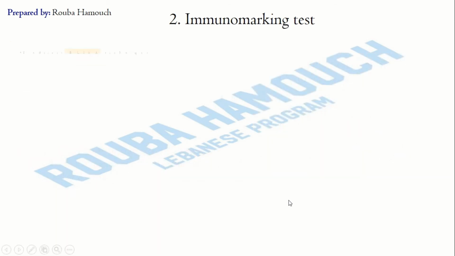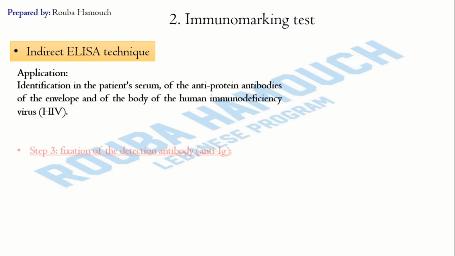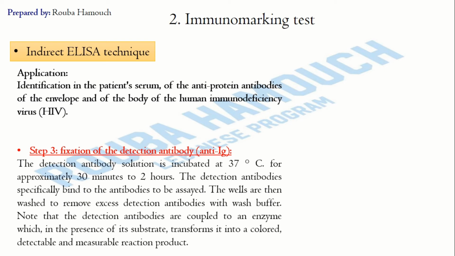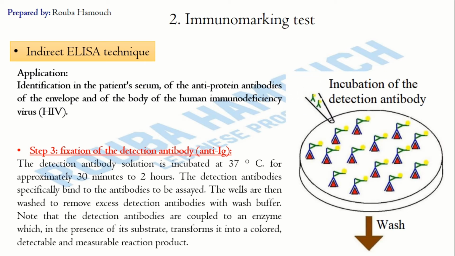The third step is the fixation or the addition of the detection antibodies, which are anti-immunoglobulin antibodies. What does it mean? The detection antibody solution is incubated at 37 degrees for approximately 30 minutes to 2 hours. The detection antibodies specifically bind to the constant region of the tested antibodies.